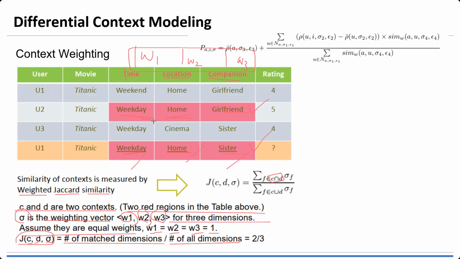Among the 3 dimensions, there are 2 attributes where the attribute values are matched. So it means 2 out of 3 dimensions are matching. So this is the similarity. But if you want to put in the weight, how to measure it?